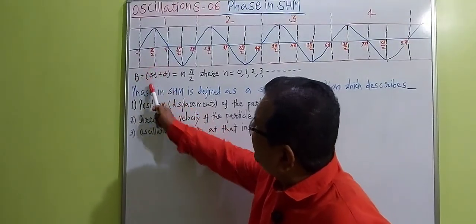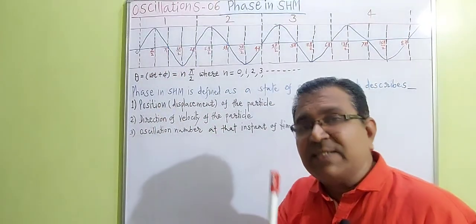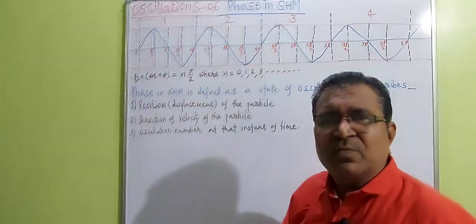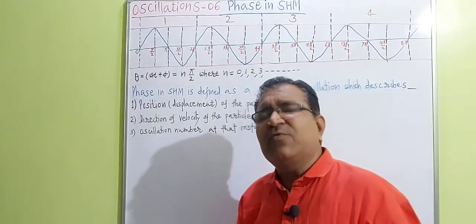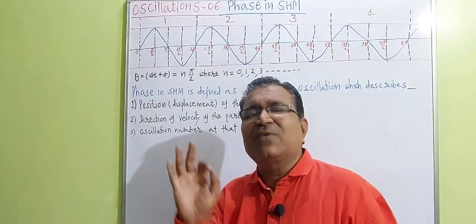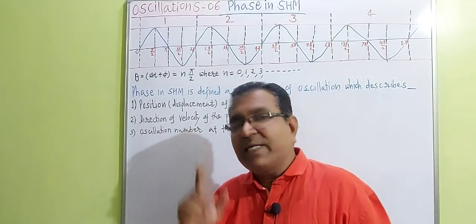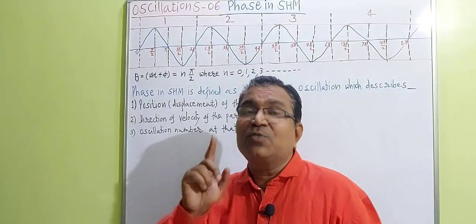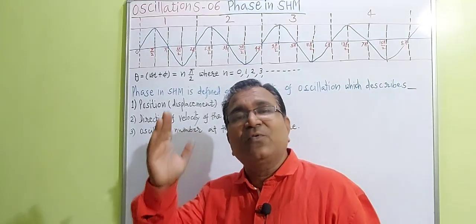This omega t plus phi is called phase in SHM, which is equal to, suppose, n pi by 2. So remember this formula in your mind. Theta is equal to n pi by 2, where n starts from 0, 1, 2, 3, 4, like this.